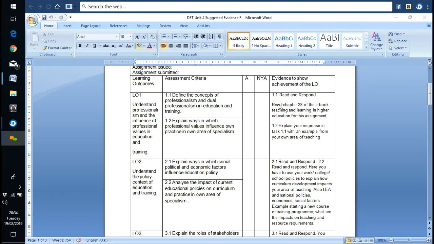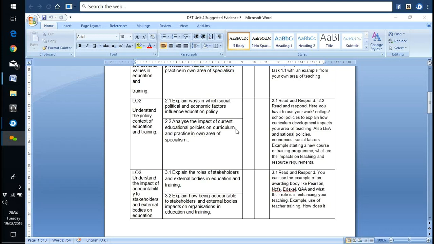So those are the things to look at. There are, in chapter 28 of the ebook, Teaching and Learning in Higher Education, this assignment, also explain your response in 1.1 with an example from your own area of teaching. So it's define the concepts of professionalism and dual professionalism in education and training, and explain ways in which professional values influence your own practice in your own area of specialism.